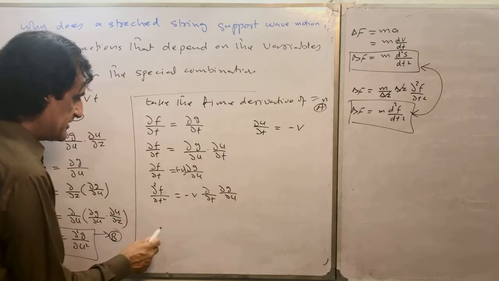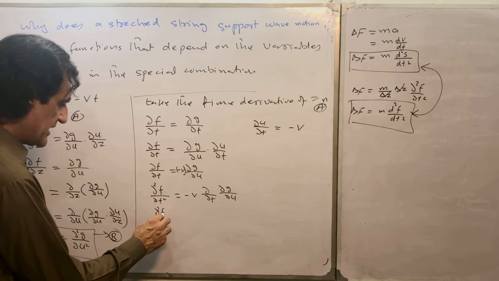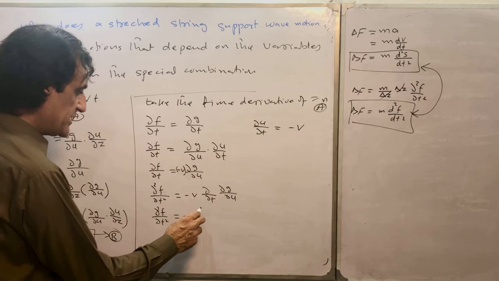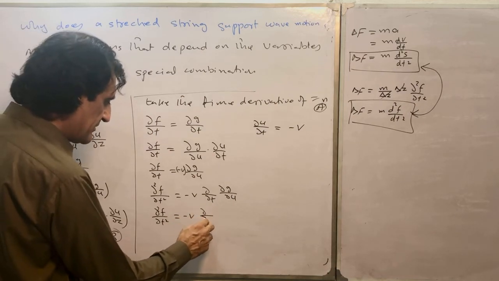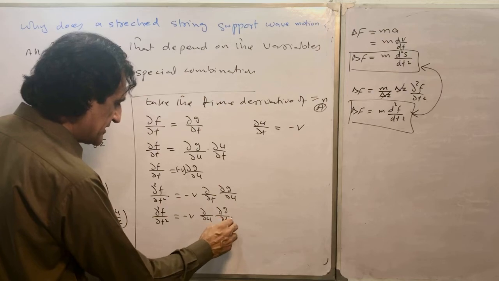Now interchange the denominator: partial square f divided by partial t square is equal to minus v, partial divided by partial u of partial g divided by partial t.